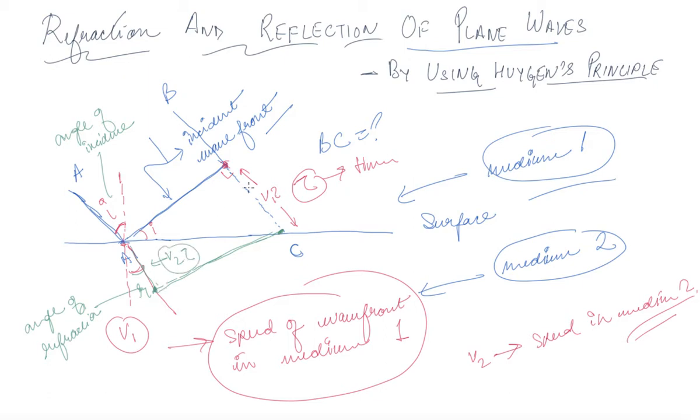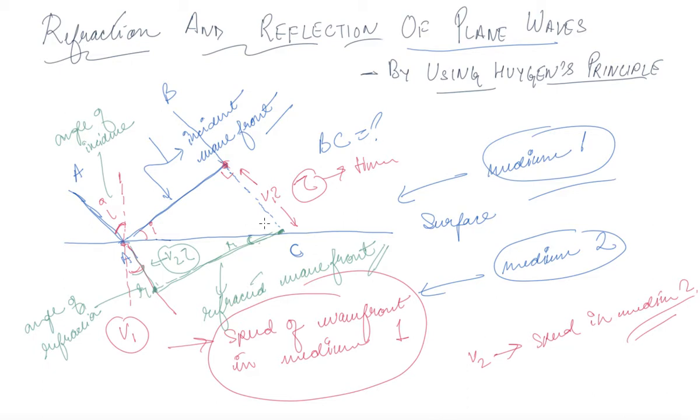So far we have defined all the necessary quantities that we will need. If this is angle R, this is also angle R. This is the incident wavefront and this is the refracted wavefront. So this is all that we need.